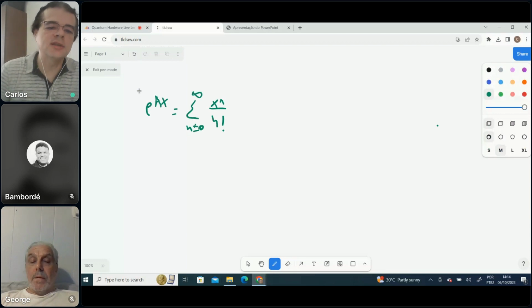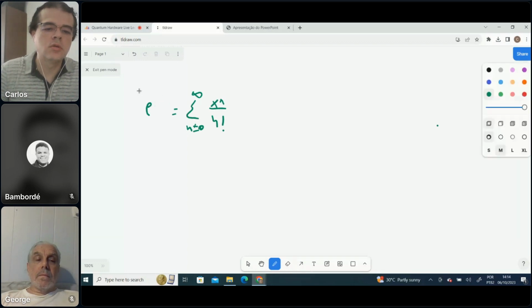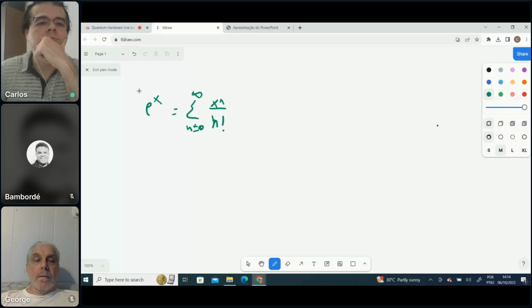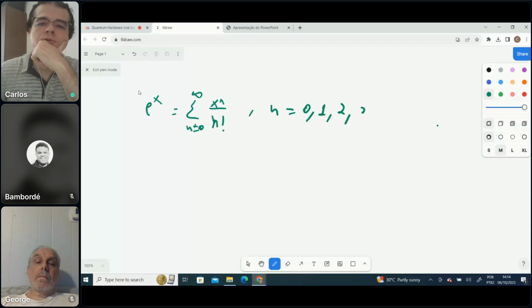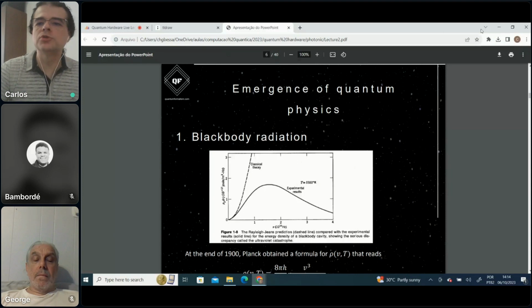In other words, it's a sum, where n should be 0, 1, 2, 3, and so on. So during his calculations, he could find this exponential using this trick.